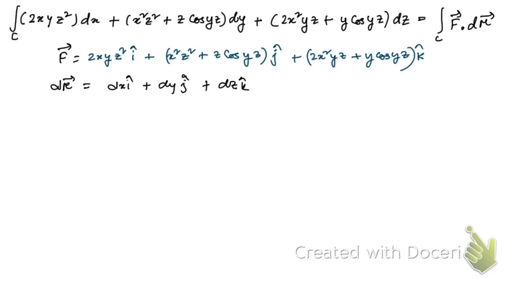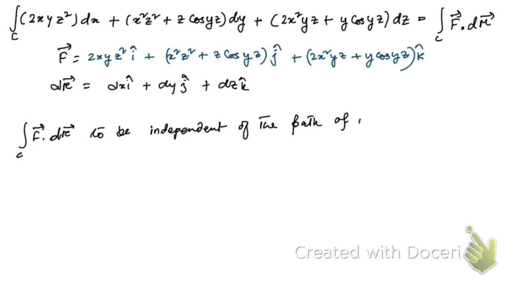Now you see this line integral, the integral of f dot dr, to be independent of the path of integration, the curl of this vector must be 0.